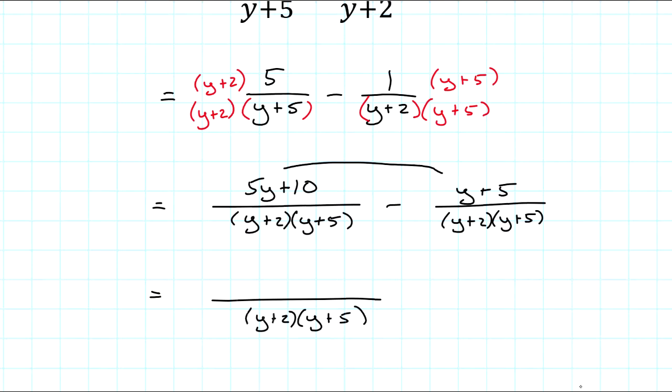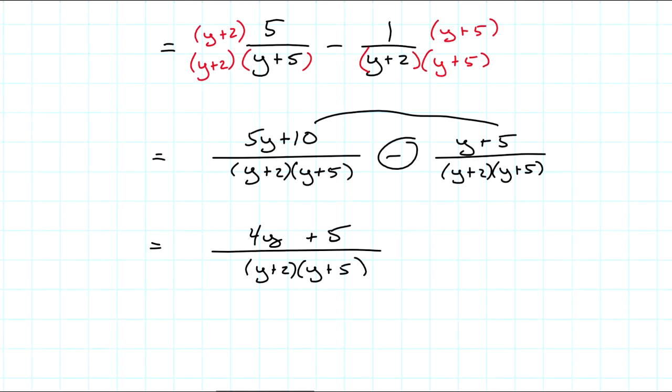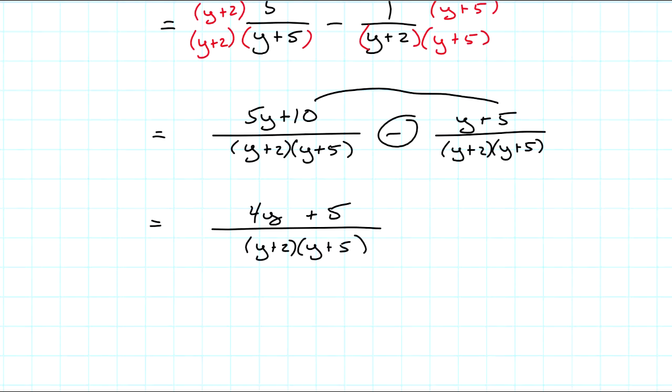On top, we'll combine the 5y minus y is 4y, because it's a minus there. And then the 10 minus 5 will be a plus 5 on top here. The top doesn't factor at all, and so nothing's going to cancel, and we are done.